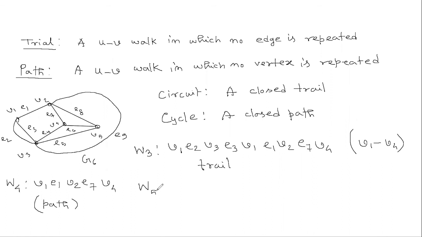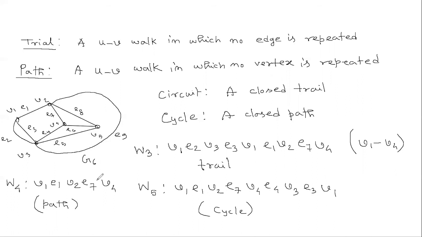Now, if we write W5 from V1, E1, V2, E7, E4, then E4, E3, V3 to V1 by E3. So this is an example of cycle because all the vertices are distinct vertices except the initial and terminal vertices.